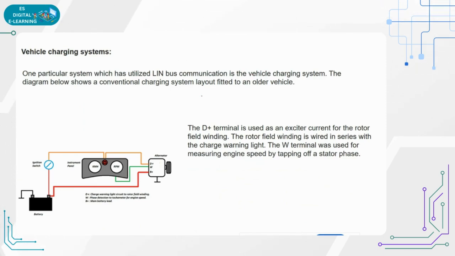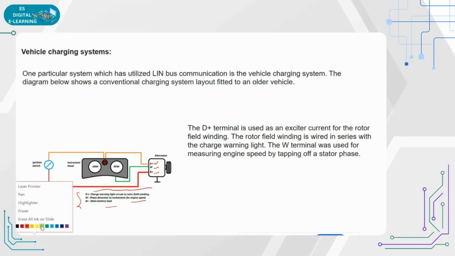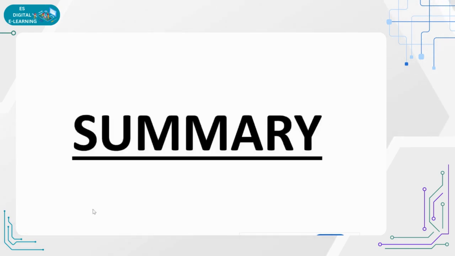I mentioned some of the information here, you can go through it to understand. Here you have a D plus, which in the alternator is a charge warning light circuit to rotate the field winding, and you have a W, which is for speed detection purpose, and you have a B plus, which is for the battery. Just go through it to know the connectivity of the system.